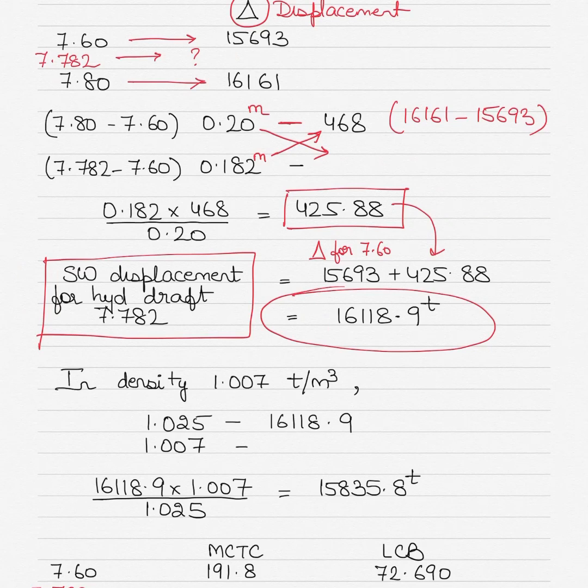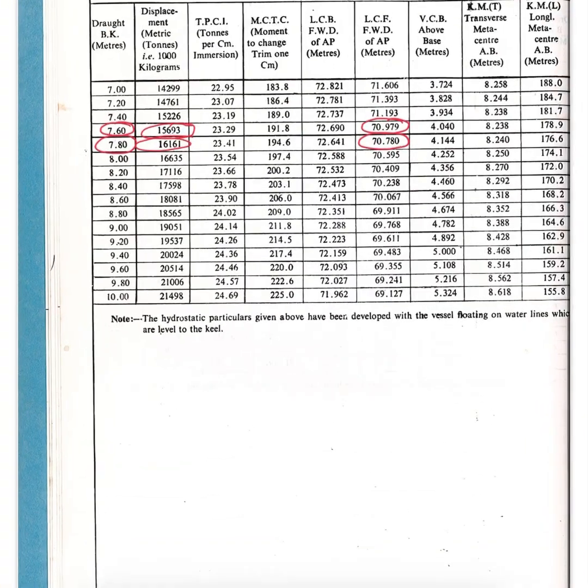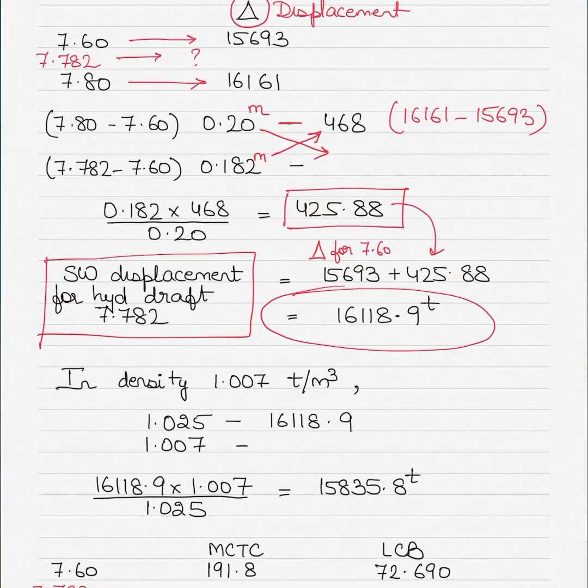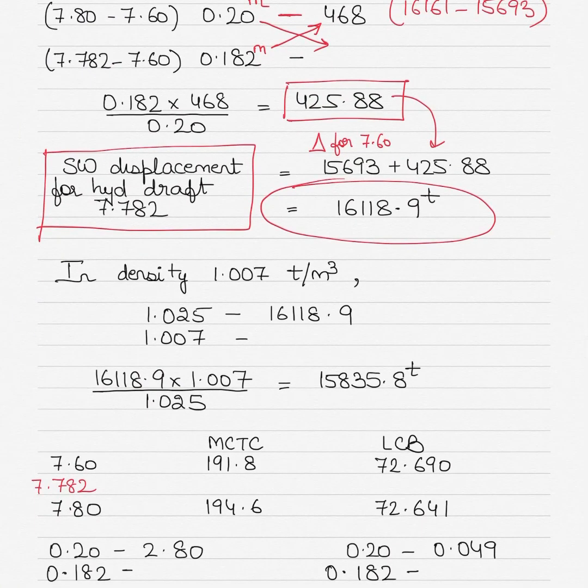Now remember, I told you the hydrostatic tables are for a density of 1.025. This is clearly mentioned here. You can see on top it's mentioned here. So we cannot use this displacement for our calculations. This is for 1.025. That's why I've written seawater displacement.